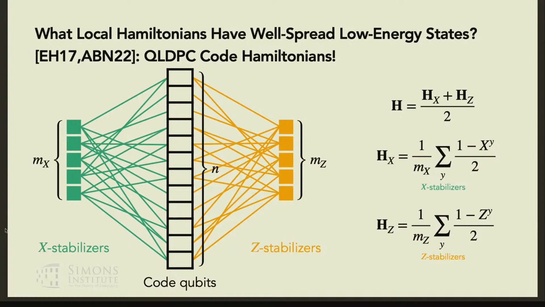If we have some state that's pretty far from being a code state, say it violates all of the stabilizers, it's in the -1 eigenstate of all the stabilizers, then this state will have energy 1 with this Hamiltonian, the maximal possible energy. So this Hamiltonian really measures the fraction of stabilizers that stabilize our given state. In other words, it measures the relative syndrome weight of a state we pass through.